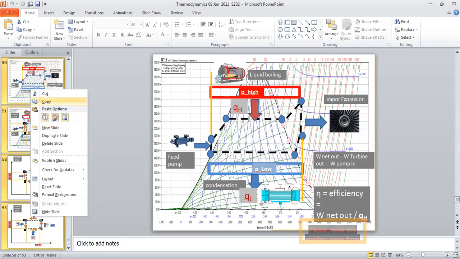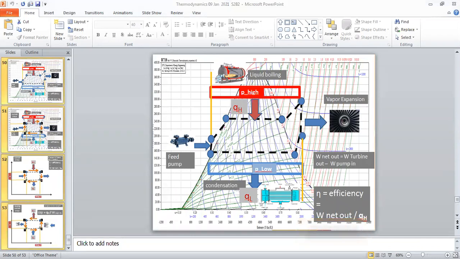I will copy this to today's presentation. Paste. Yes. Okay. This is today's presentation, revision 3.